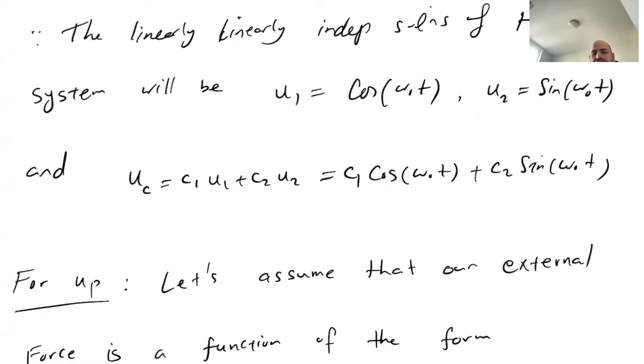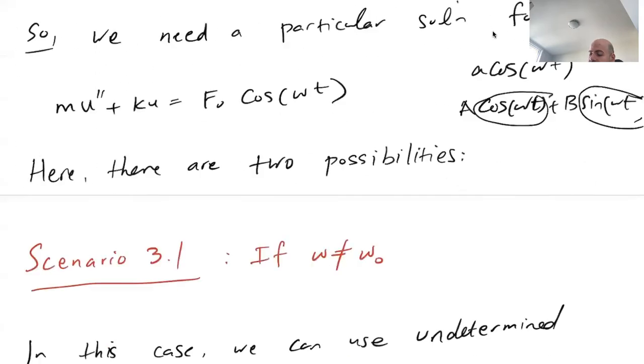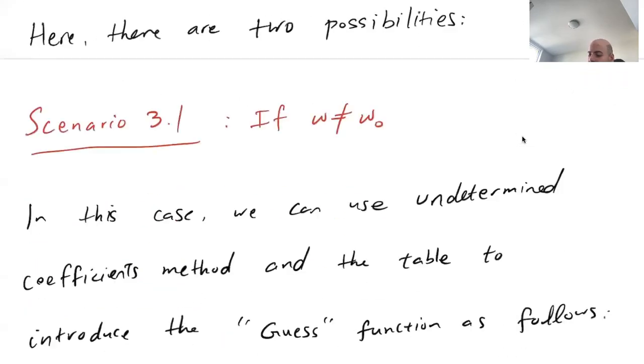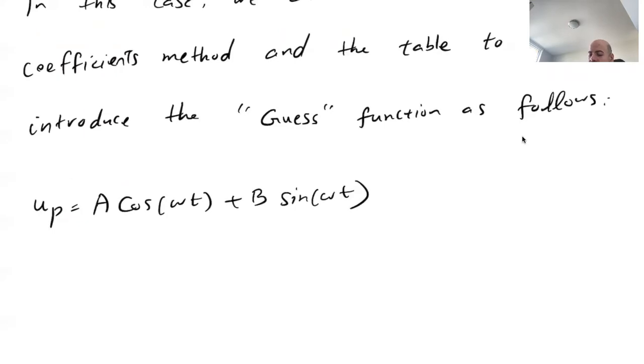So my point is, if omega is different from omega naught, then cos omega t will not be a solution for the homogeneous equation where the right hand side is replaced with 0. And therefore, according to our table, we can use this function here as our guess function. So UP can be written as A cos omega t plus B sine omega t.